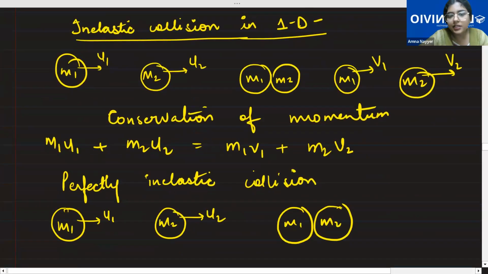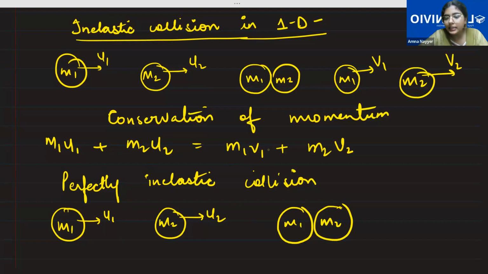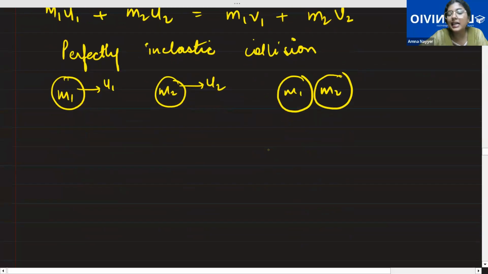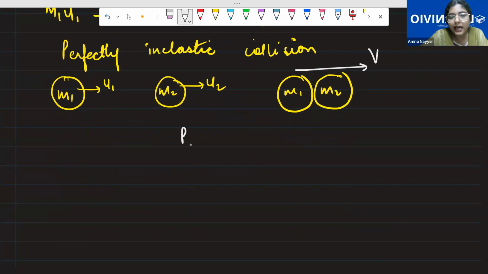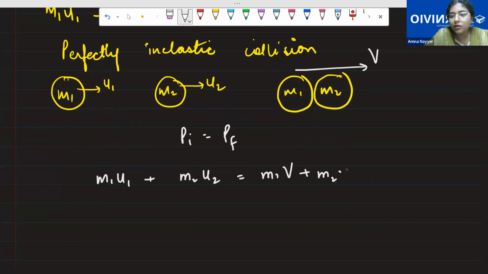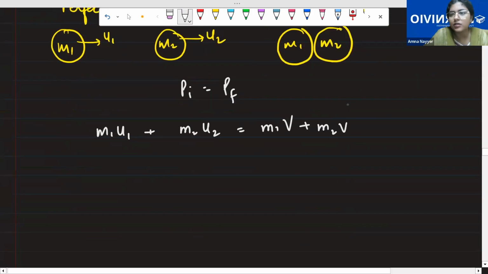See, in inelastic collision, there is conservation of momentum. So m1u1 plus m2u2 is equal to m1v1 plus m2v2. This will still be valid. What we have to discuss is perfectly inelastic collision. Perfectly inelastic collision means both the bodies stick together and move with the same velocity. If I apply conservation of momentum, initial is equal to final. So m1u1 plus m2u2 is equal to m1V plus m2V, where V or v means the same velocity.